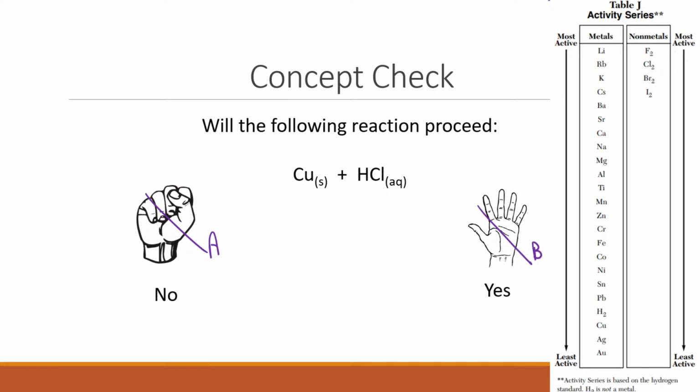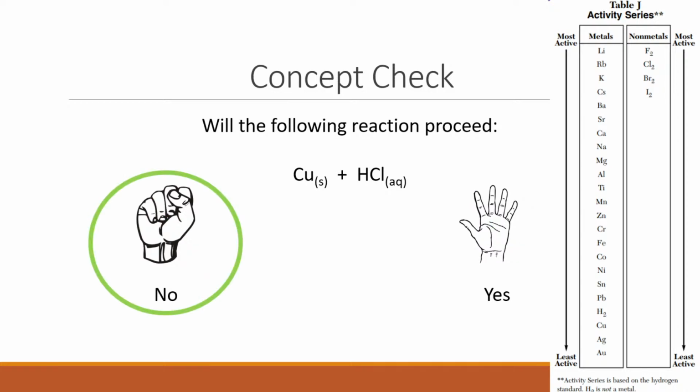The right answer here is no, this will not happen. Here's hydrogen and copper, and for good measure, chlorine. Chlorine is not the thing we're looking at here. Will copper replace hydrogen? No, copper can only replace silver and gold. So this reaction will not go forward.